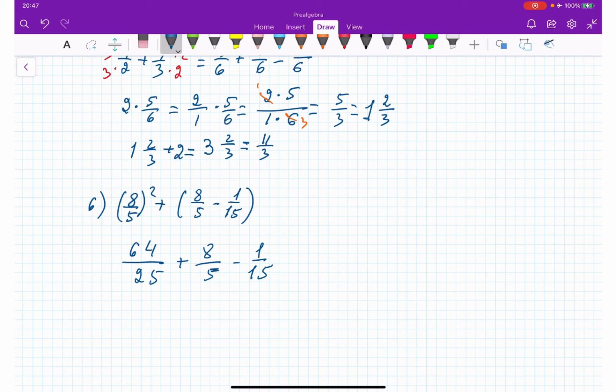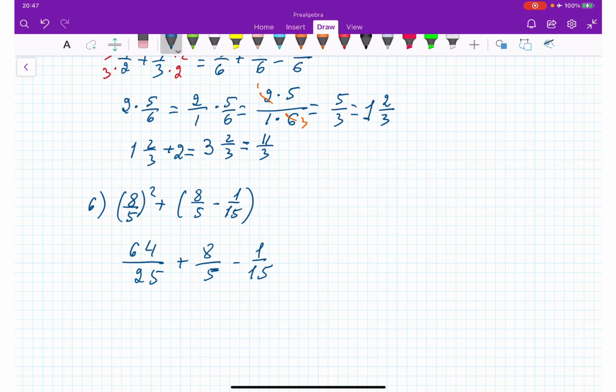Yes? So bringing to a common denominator, what is going to be the common denominator? 25, 5, 15. 75. And again, for students who need to refresh their memory about common denominators, I'll put the reference to the videos where I discuss how to find a common denominator.